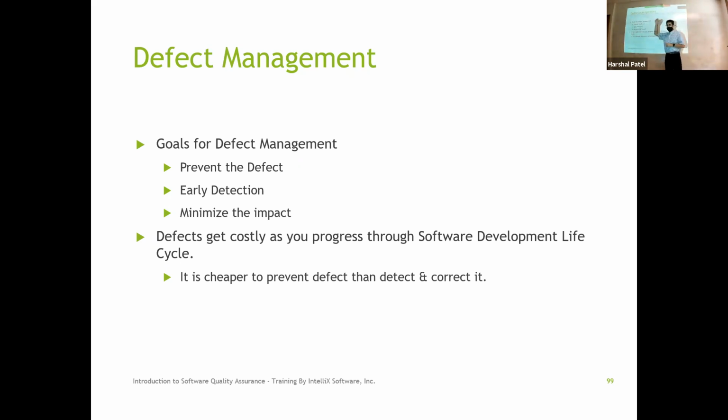And once I detect it, my goal is to make sure its impact is minimized. The whole focus is it's cheaper to prevent it than fix it. Remember the example that I talked about: if I fix something at the architecture stage, it's better than building the whole building and then finding it out and trying to fix it.